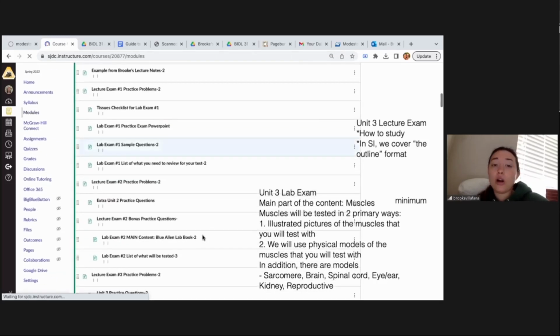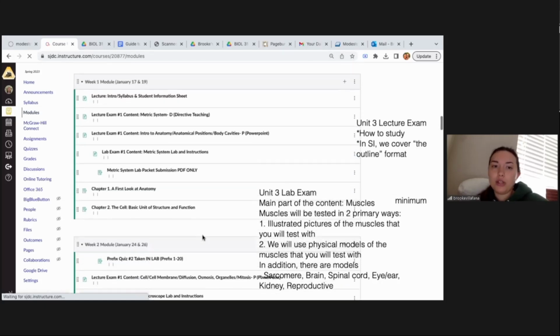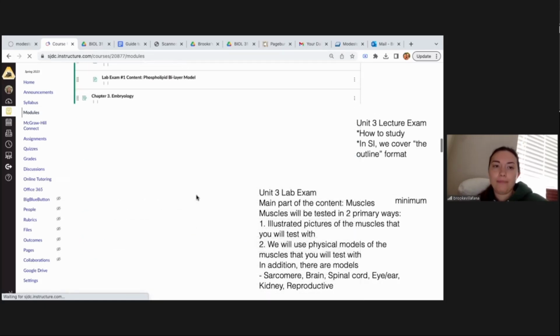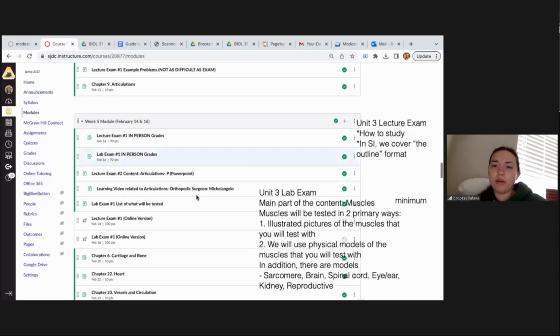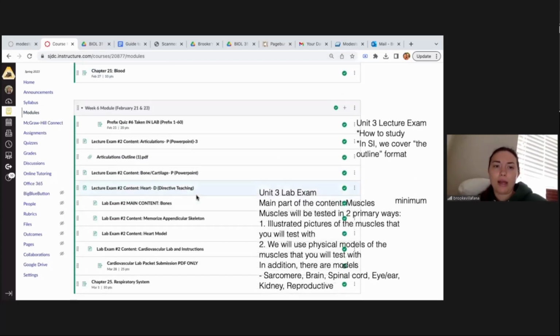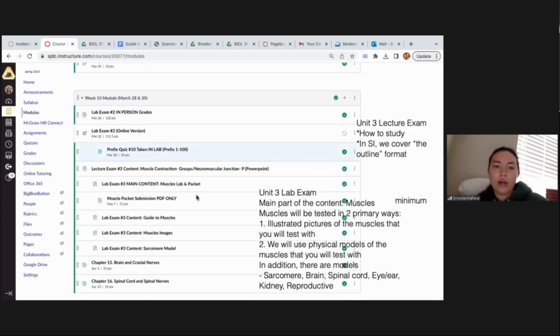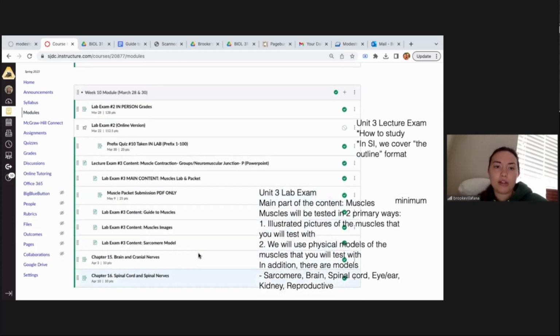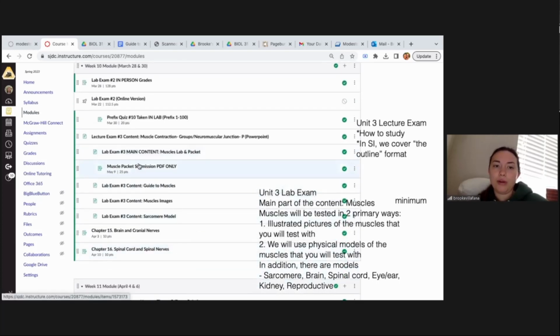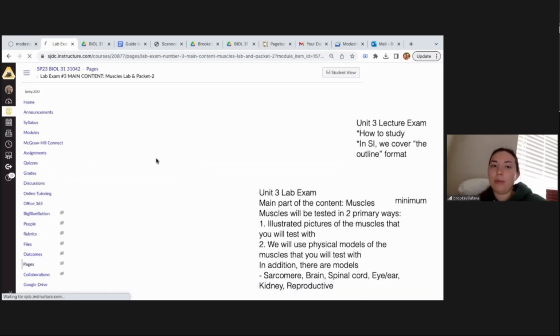So let's start by covering the illustrations. I just feel like that's the simplest piece to cover. It's going to be your muscle packet. Find your muscle packet PDF submission, and find that Google Drive link for your muscle packet.